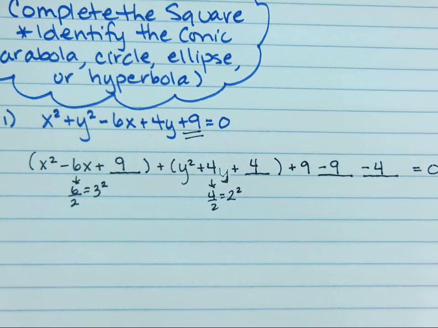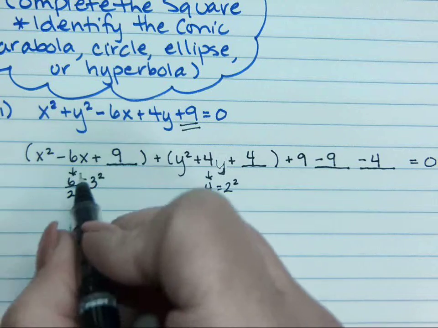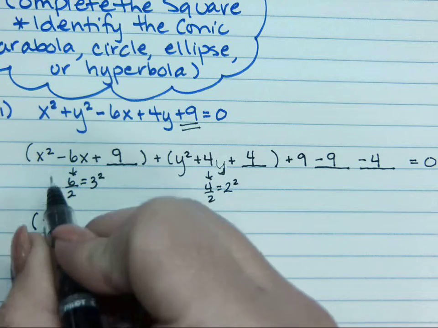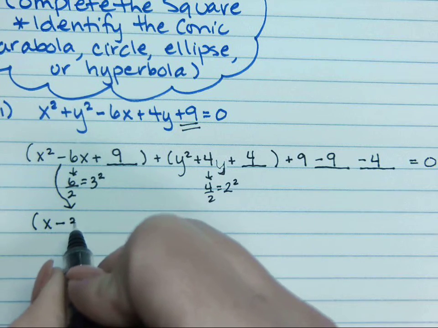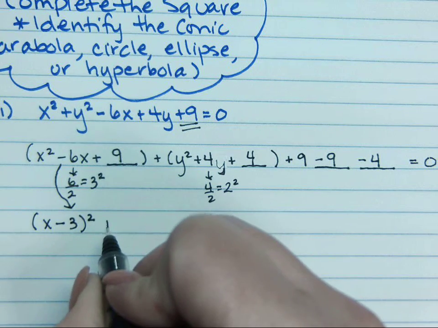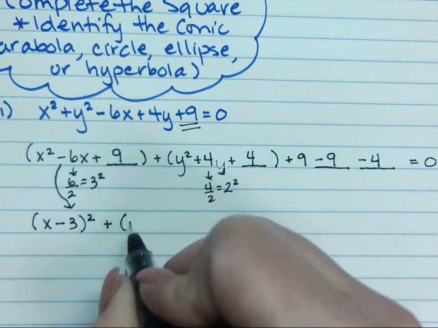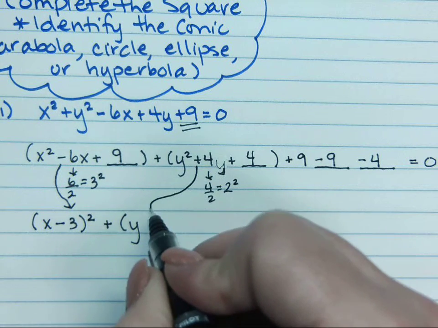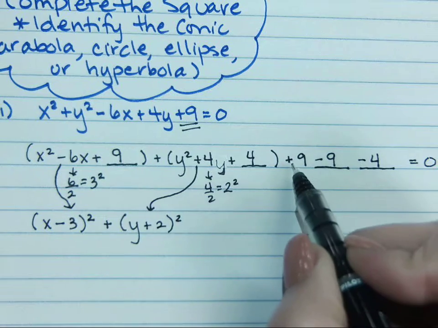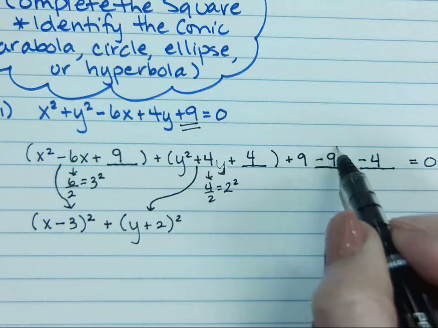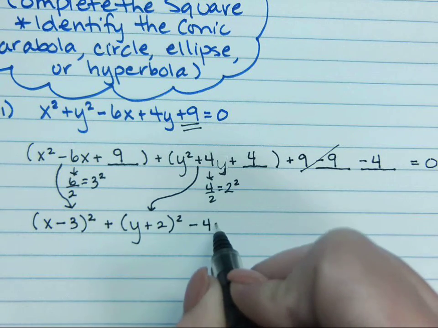Now, I'm going to complete the square. And so I'm going to end up with an x. Because this sign is a negative, it's going to be minus 3 squared plus y, and again this is a positive, plus 2 quantity squared. And then this plus 9 minus 9 are going to cancel out, and I get minus 4 equals 0.